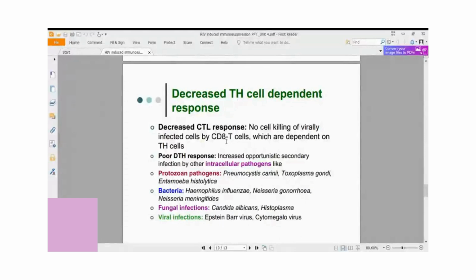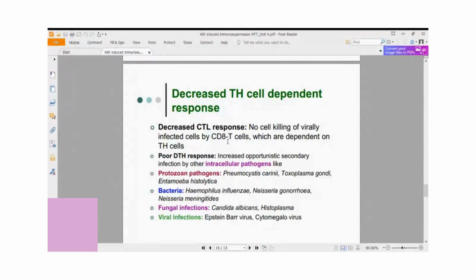Initially, when the HIV infection has taken place, the person's disease is not at an advanced stage, where a fresh infection has taken place, these responses will be good. They will try their level best to combat the infection, try to kill the virally infected cells, but the virus will soon overtake all these cells and the cell killing mechanism also fails.